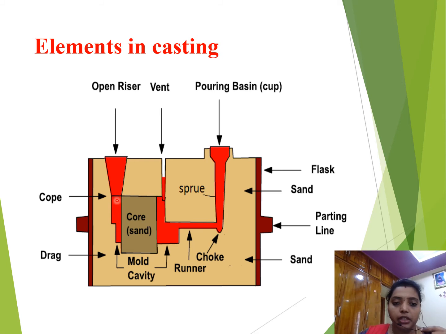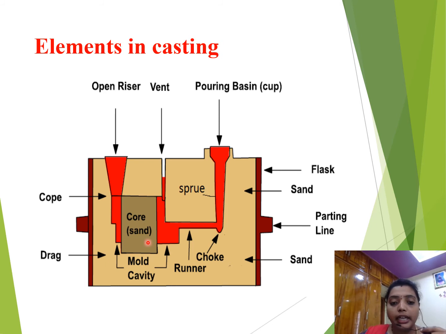This whole mold cavity is the shape of the object. See carefully this red mark. This whole object is the required object shape. All of you think, what is this one? Core. Core means if we want a hollow object, like a pipe, where only the surrounding area is there and the middle part is hollow, there will be a space.